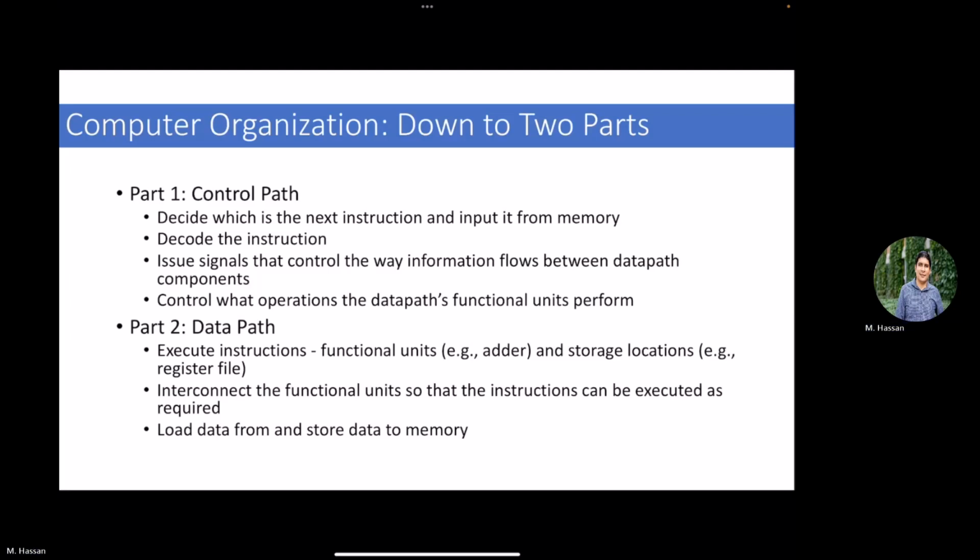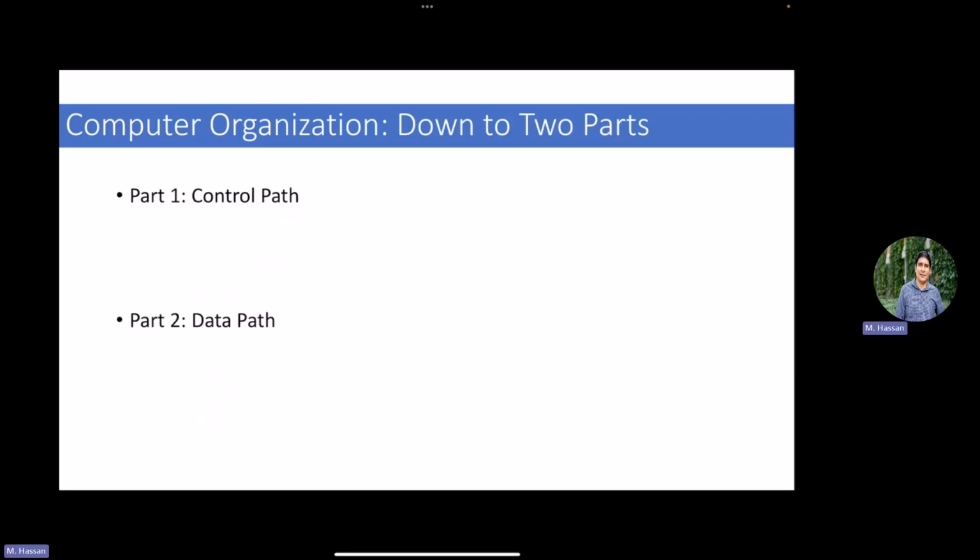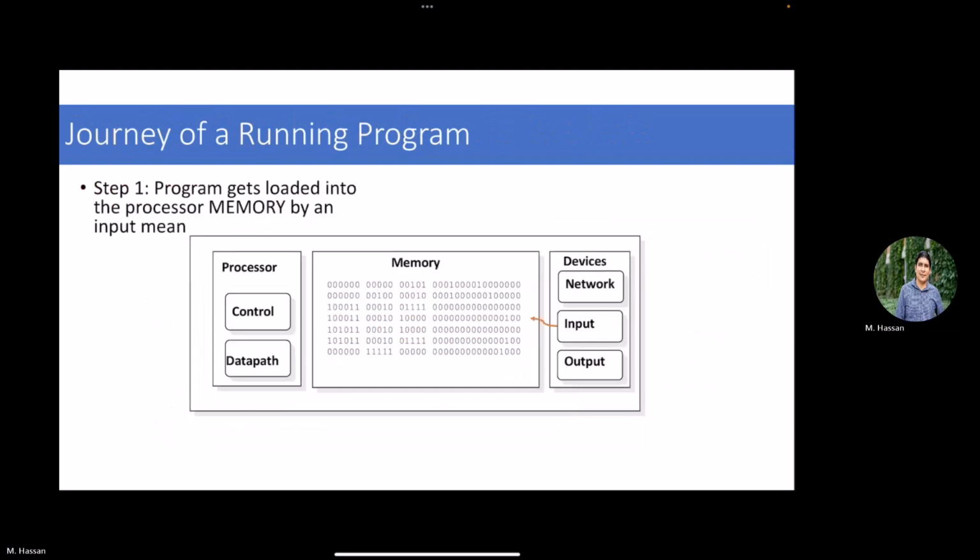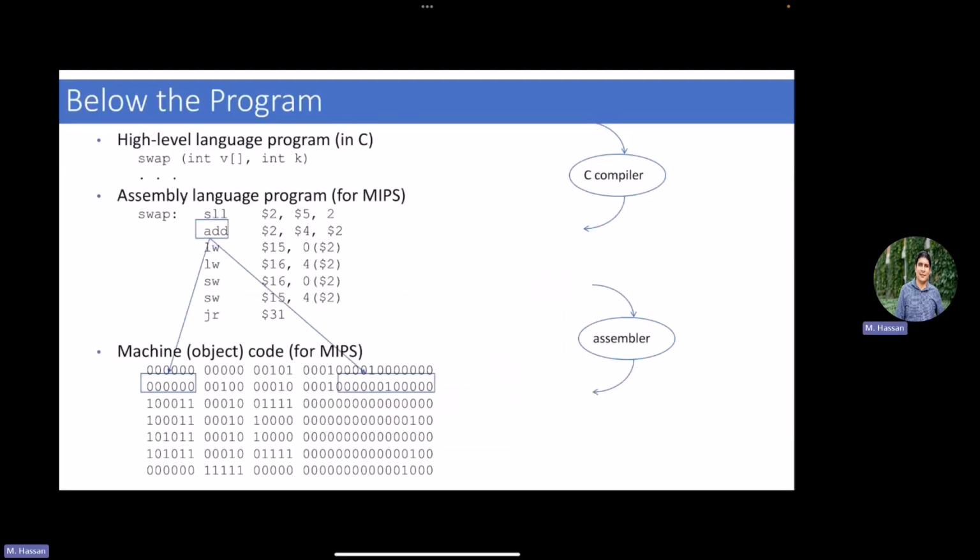Because go back to our example of the add instruction here. Let's say we have an animation here. Yeah, this one. So we said, okay, I realize this is an add instruction. Then I need to bring in my operands, right? This one and this one to do the addition on. So I'm adding R4 and R2, which are two registers, and storing the result in R2. Those are registers stored in the register file, right? So it's a storage. I have their address, go back and bring them. But what does it mean to bring them? These are bits, so they need wires to be transferred on, right?